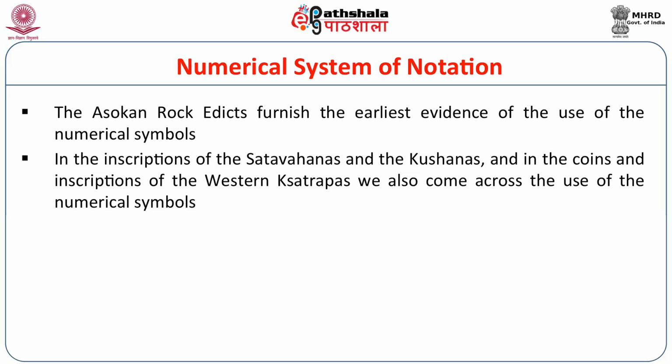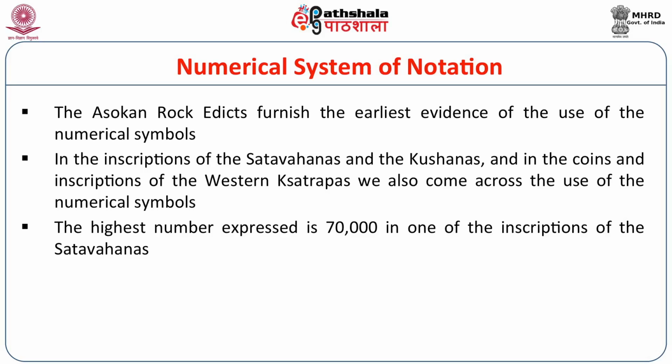It is also found in the coins and inscriptions of the Western Kshatrapas who were ruling in the Gujarat region. The highest number expressed is 70,000 in one of the inscriptions of the Satavahanas, and this is known from the Nanaghat inscription of Nayanika, who was the queen of Satakarni the first.